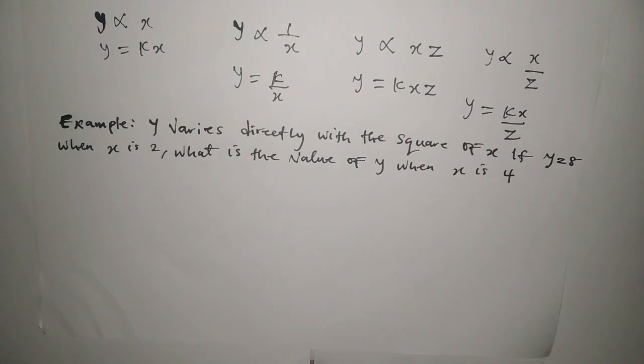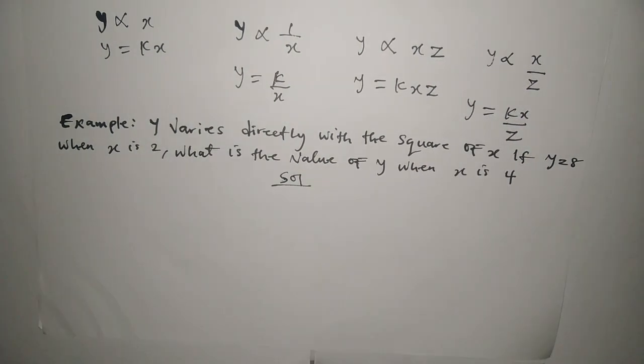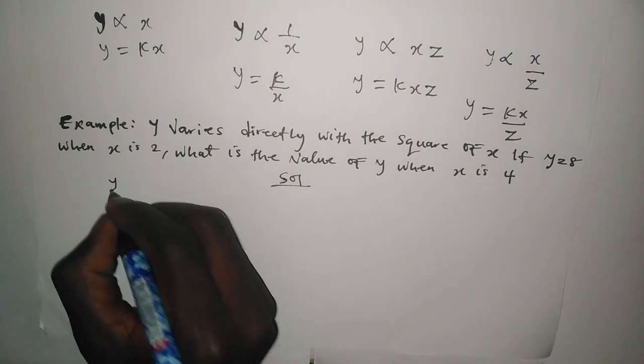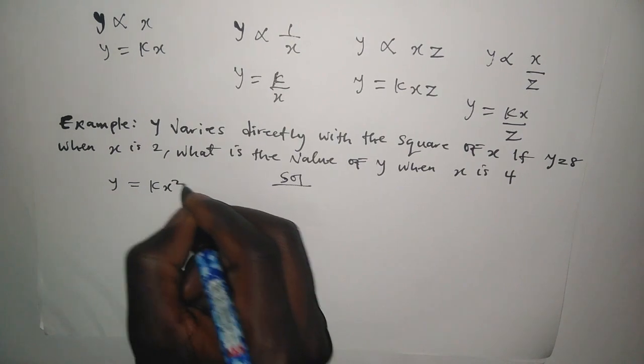The question says y varies directly with the square of x. If y is equal to 8 when x is 2, what is the value of y when x is 4? Solution. Since y varies directly, y is equal to kx squared.